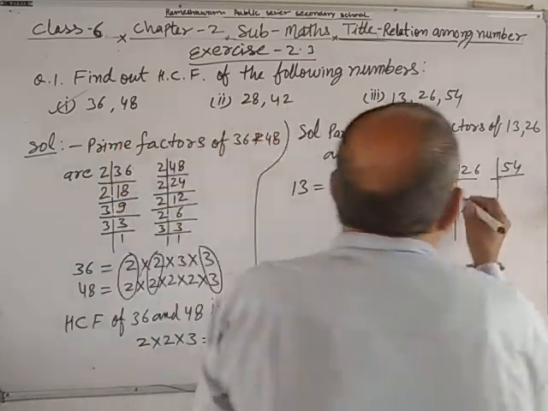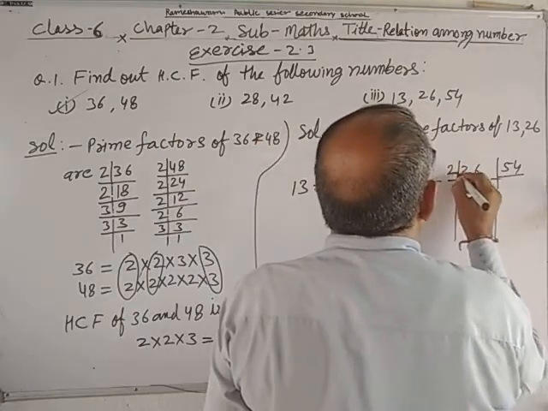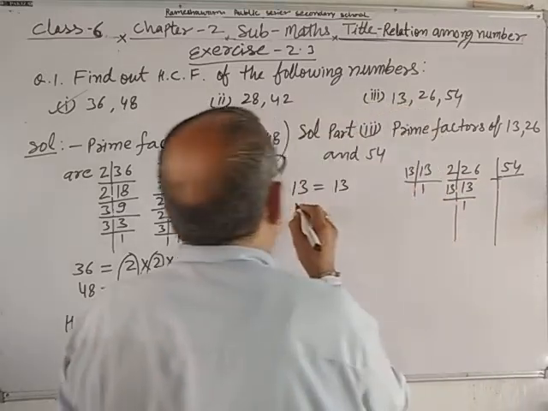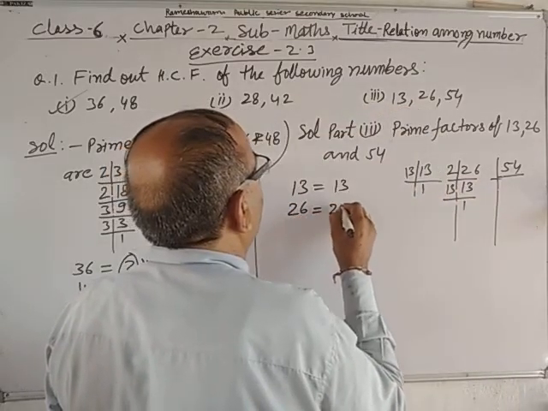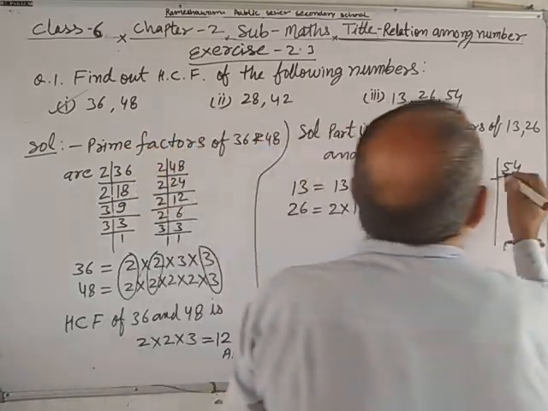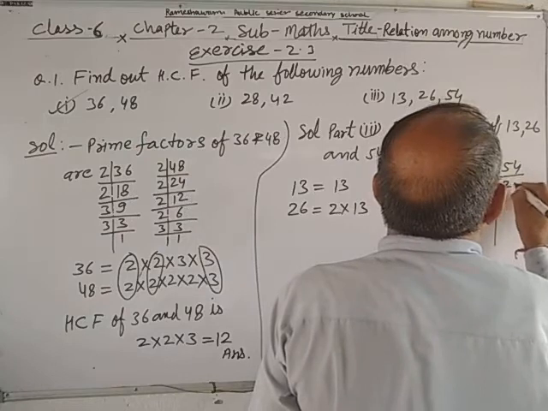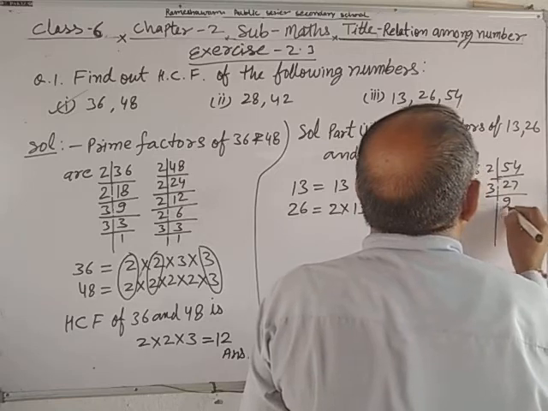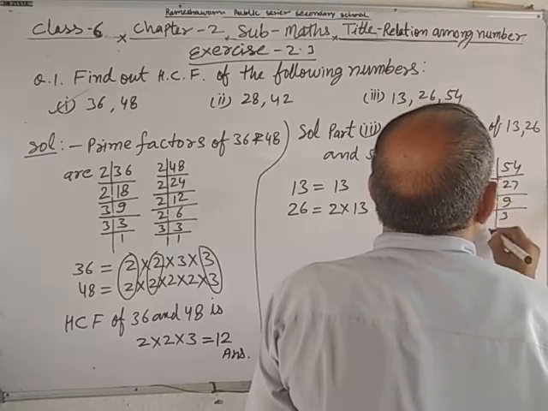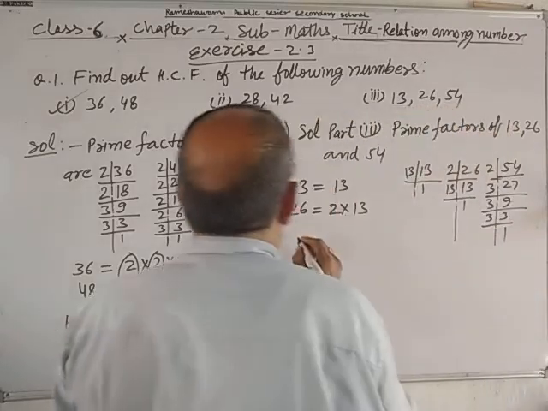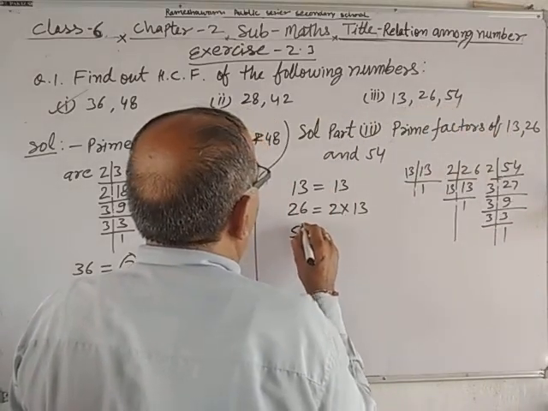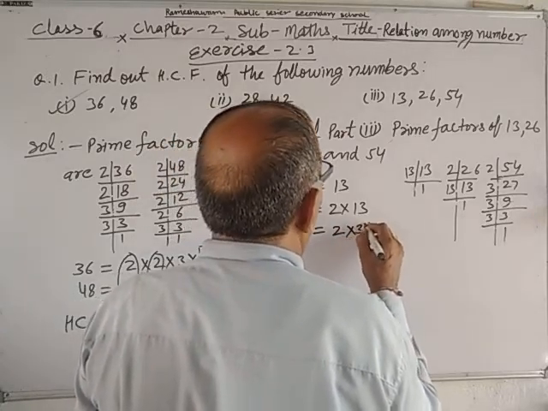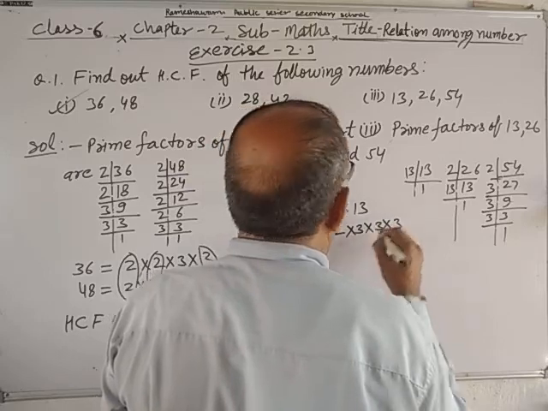The prime factors of 26: 2 times 13 is 26 and 13 times 1 is 13, so 26 equals 2 into 13. And 54 is 2 times 27, 27 is 3 times 9, 3 times 3 is 9 and 3 times 1 is 3. The prime factors of 54 equal 2 into 3 into 3 into 3.